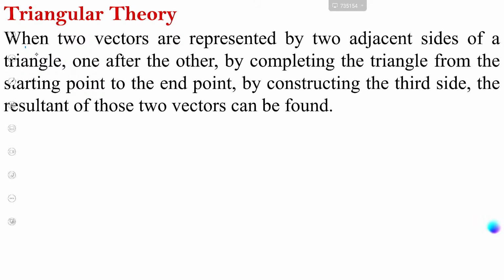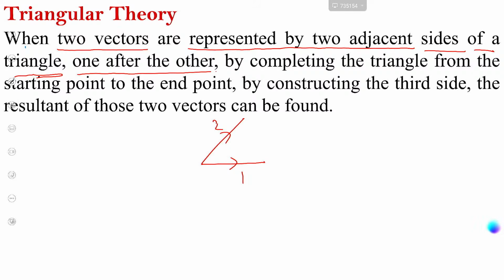The very first restriction comes into the discussion: two vectors. We can only deal with two vectors represented by two adjacent sides of a triangle. So we have a triangle, and we have two vectors, 1 and 2.